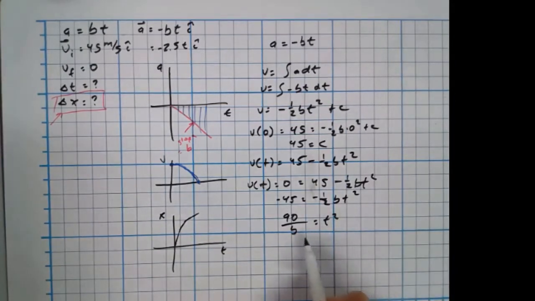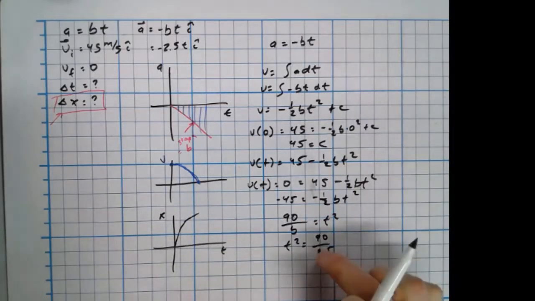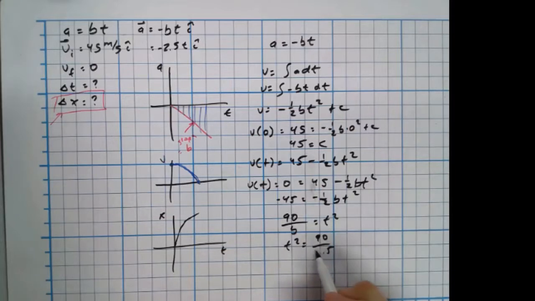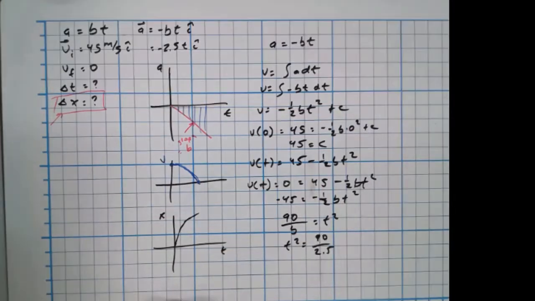And the b in this case is 2.5, so t squared equals 90 over 2.5. And then you work out what the square root of that is, and you get that the t is 6 seconds.